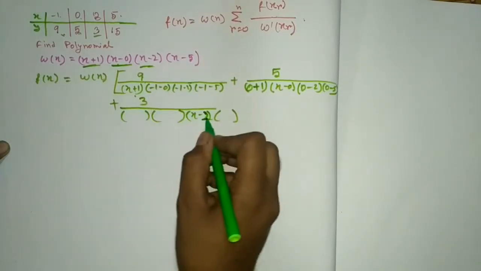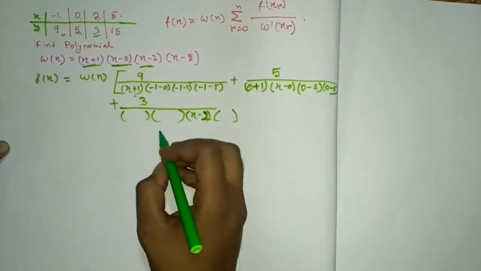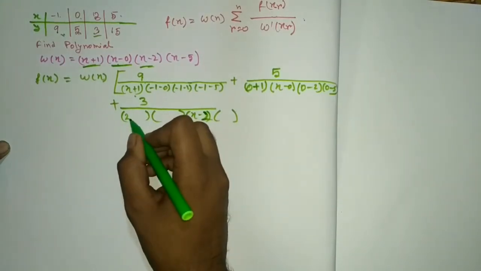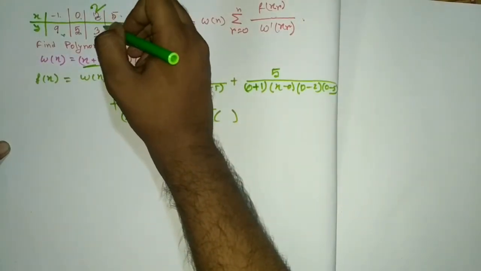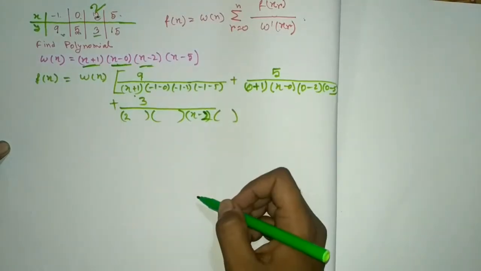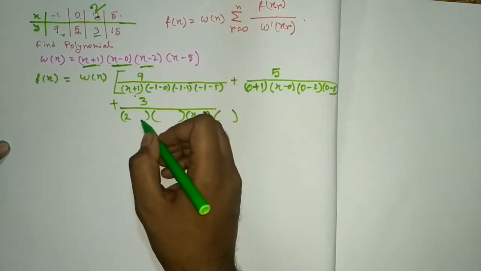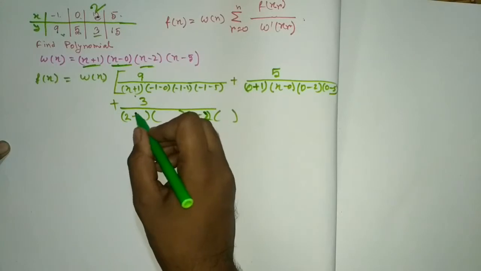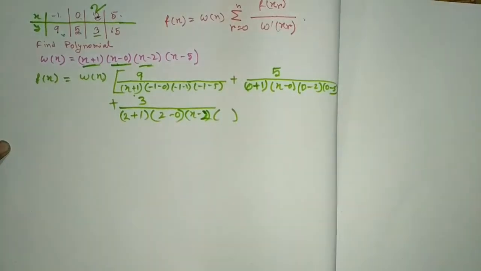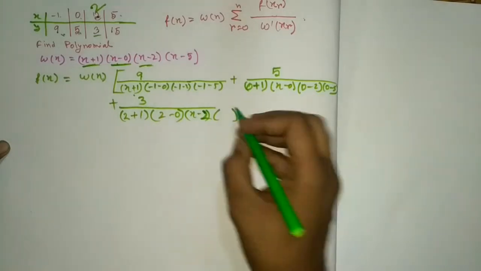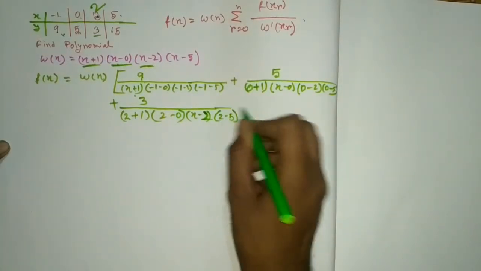And the remaining values will be what? The x value here is 2, since it is the third part, and we subtract the other x values from this 2, so 2 plus 1, 2 minus 0, and the last one is 2 minus 5.